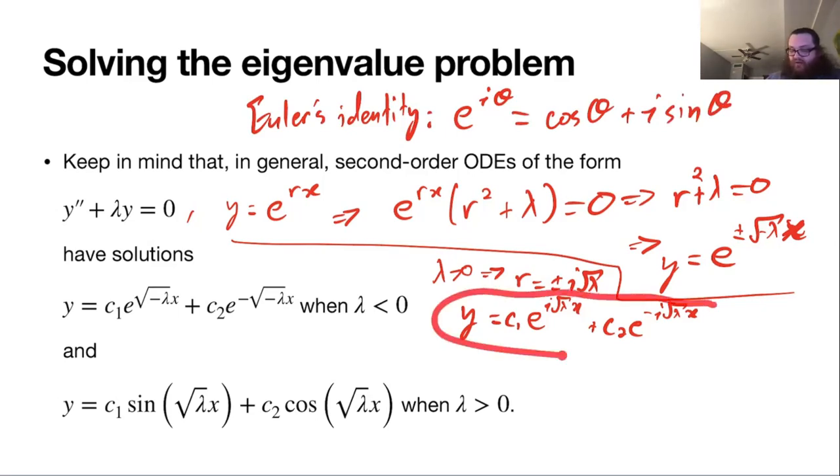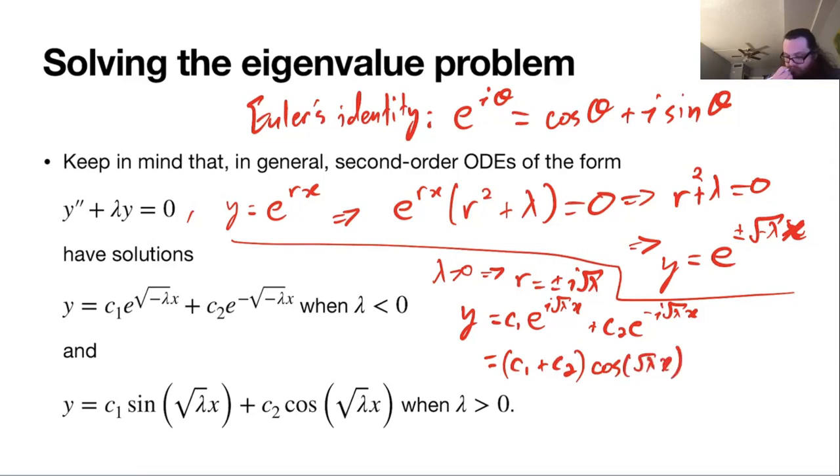So then making that substitution, this will be (C1 plus C2) cosine of root lambda x, plus i (C1 minus C2) sine of root lambda x.